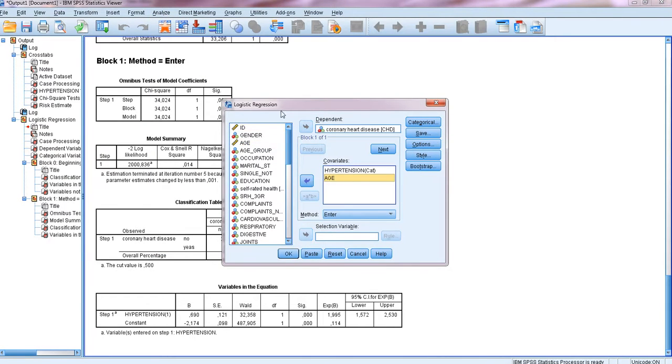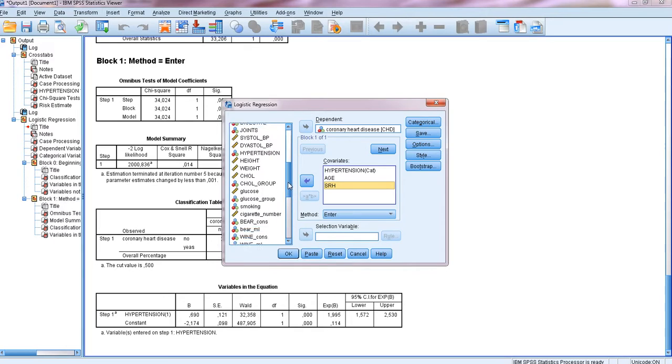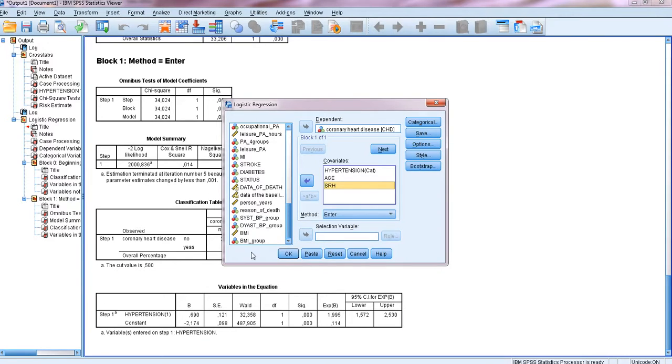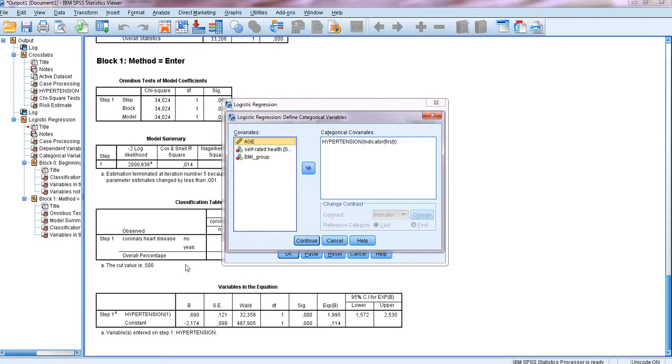So we will adjust this relation for each. For self-rated health, it has 3 groups. For BMI group, okay? Here we have 3 groups. And you should describe these variables as categorical, taking the first category for comparison.